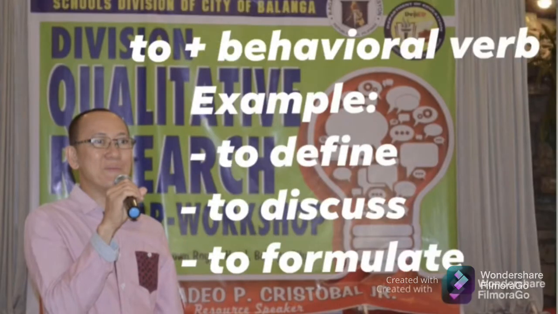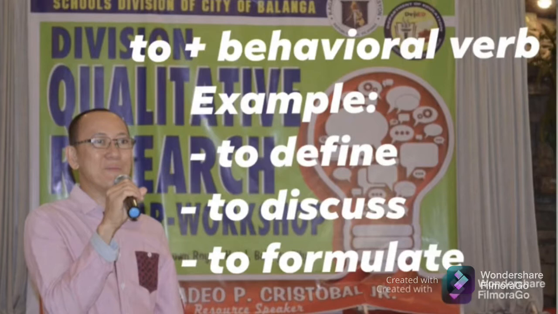So the second part is the infinitive, to plus the behavioral verb. And what are behavioral verbs? Behavioral verbs are SMART verbs. These are specific verbs: specific, measurable, attainable, result-oriented or reliable, and of course, time-bound.